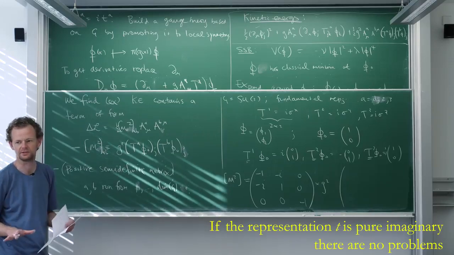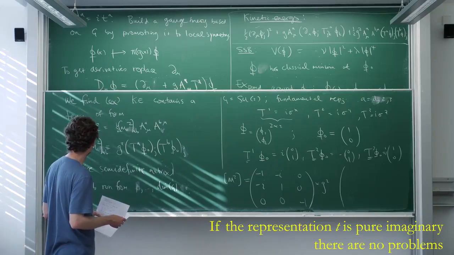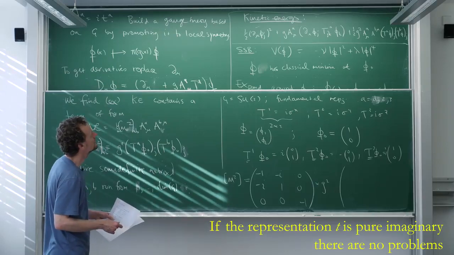I don't think it's minus 1 times a positive semi-definite matrix. So I must have made a mistake somewhere in this derivation, and I don't see where.